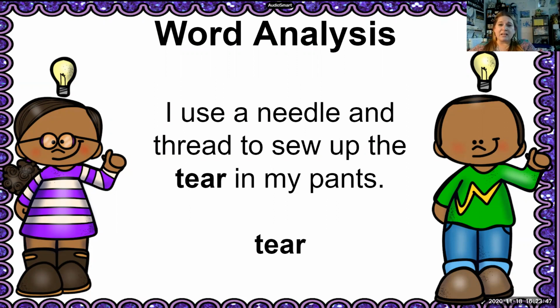Thread is the string. It comes in different colors, and you can use it with a needle to sew up things, like if you have a hole in a shirt or in a pair of pants. So, who is someone who would use needle and thread? According to this sentence, who uses needle and thread? I would, or the person speaking.